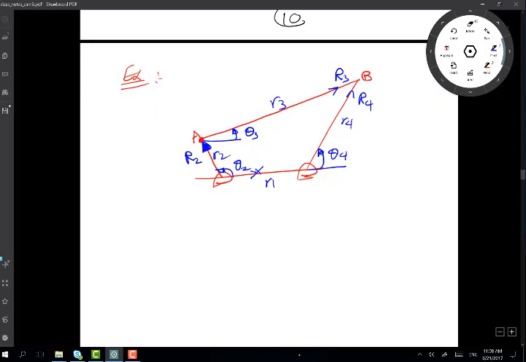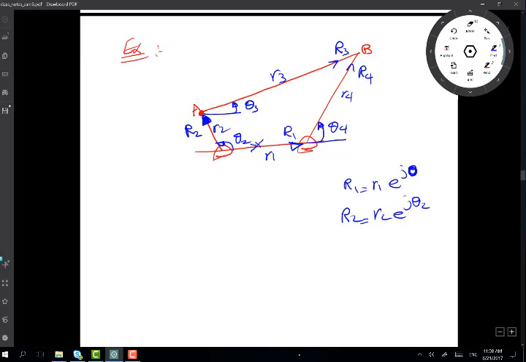All right, so on the side, don't forget to introduce your vectors. Here I'll have R1, length R1, and e to the j theta, this is 0, really this angle is 0. And then R2 is R2 e to the j theta 2, right?